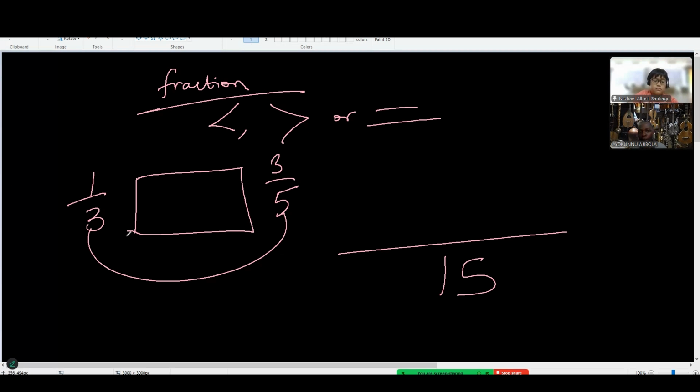I'm going to say 3 times what gives 15? That's 5. So 5 times 1 gives me 5 for the top here. And 5 times what gives 15? That is 3. And 3 times 3 here gives me 9. So if 5 is smaller than 9, then 1 over 3 is less than 3 over 5. Is that clear?